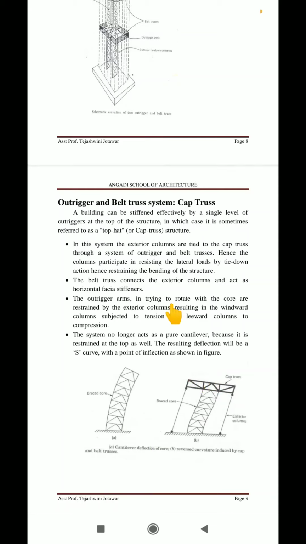Outrigger arms, in trying to rotate with the core, are restrained by exterior columns, resulting in the windward column being subjected to tension and the leeward column to compression.